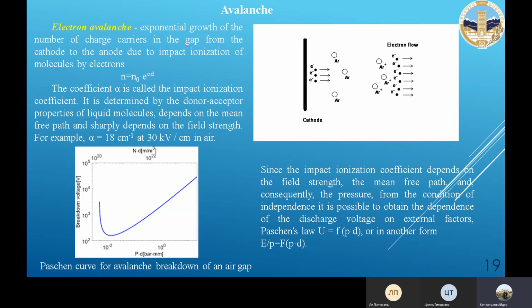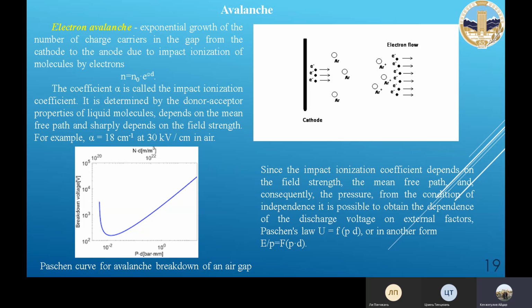Since an avalanche is not a breakdown, it is necessary that after the passage of the avalanche, an electron appears at the cathode again. After that, a second avalanche occurs, then another avalanche. An independent multi-avalanche discharge appears.